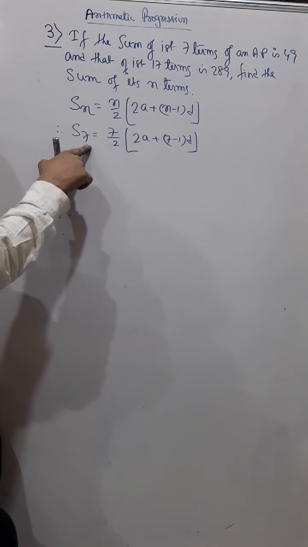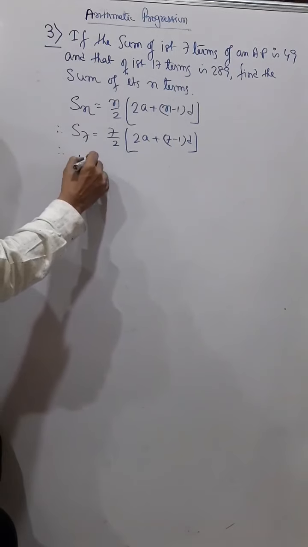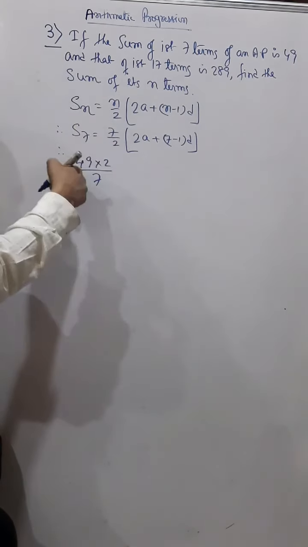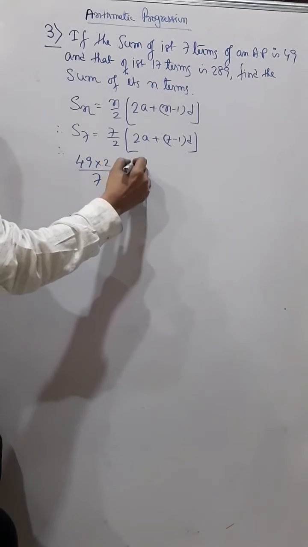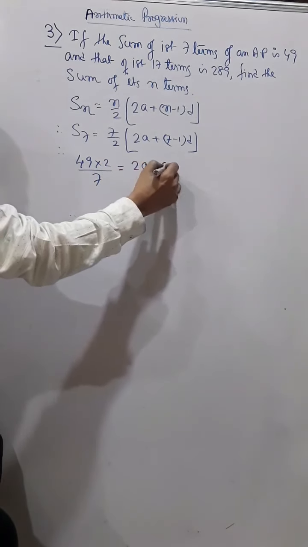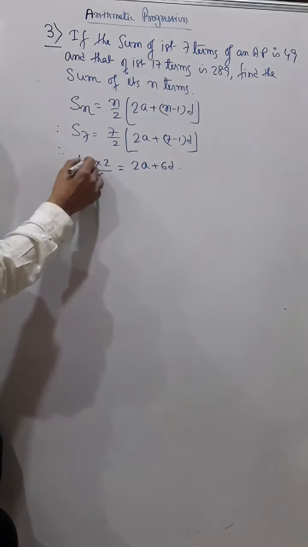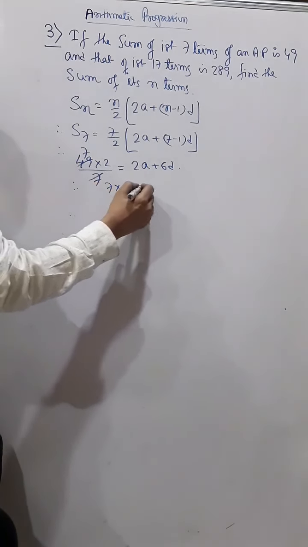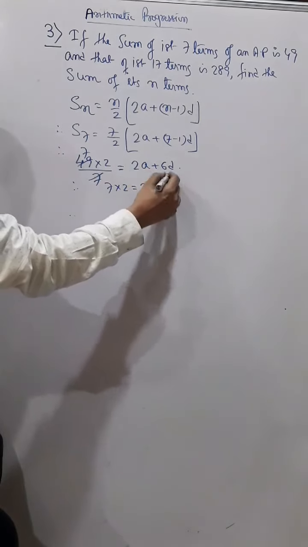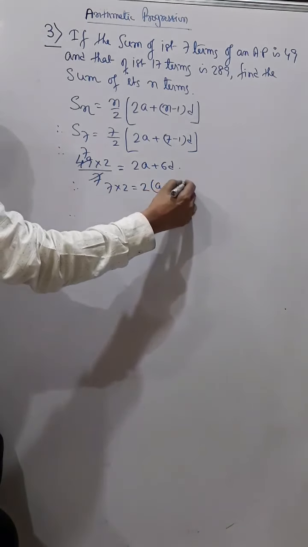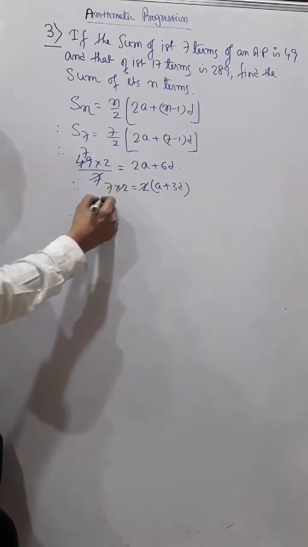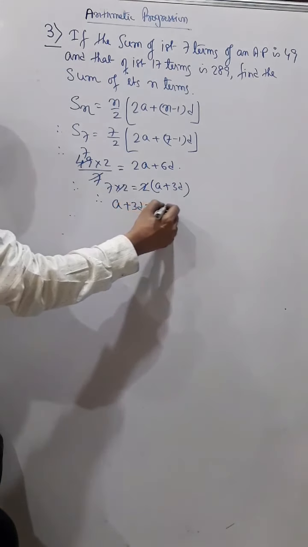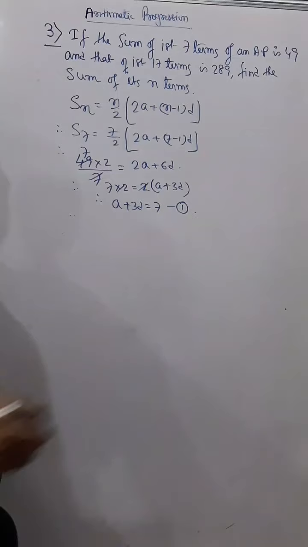Given the sum of 7 terms is 49, we write 49 into 2 by 7 on this side, and we are getting 2a plus 6d. So 7 into 2 is equal to 2, you can take 2 common, a plus 3d, and finally we are getting a plus 3d is equal to 7. So understand, this is our first equation.